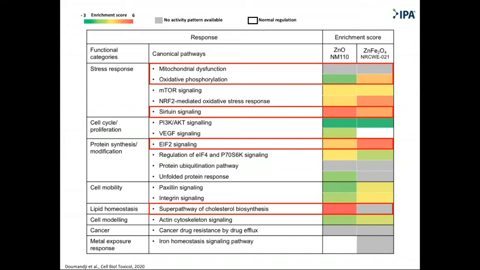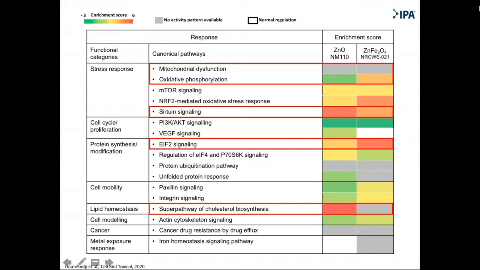Here, for instance, we compare two zinc oxides, the first one, to zinc ferric oxide. All cells have been treated with a quarter of the IC50 for each nanomaterial, and we identified several pathways.